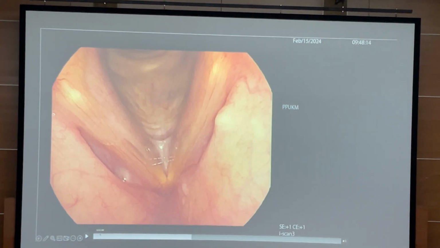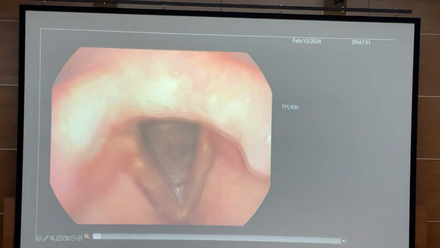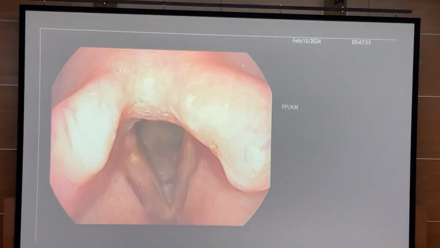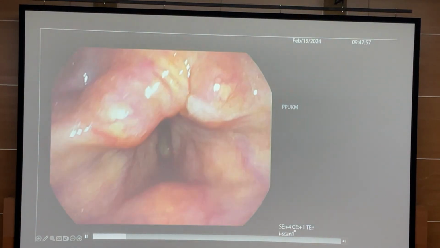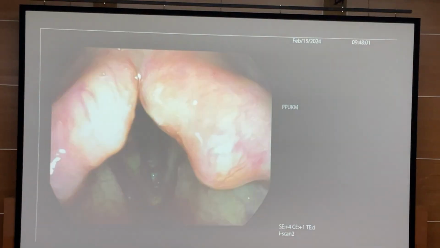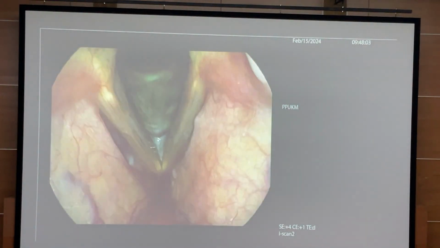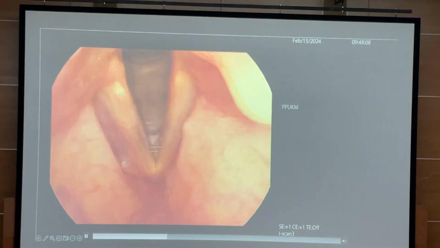Okay, so that one is white light. With white light, if you're careful, you can see the sulcus. And when you use eye scan, it becomes more marked. You can see a more obvious sulcus over there bilaterally.